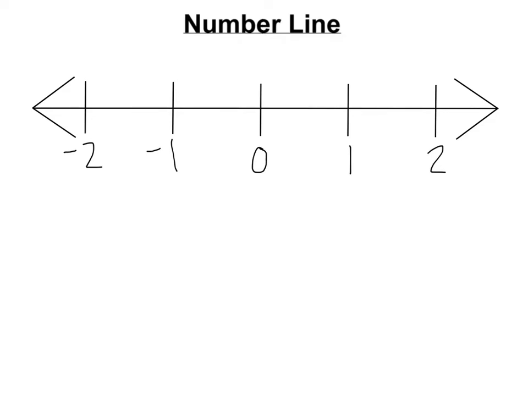This time we're going to do it again, but instead of breaking everything into halves, let's break it into thirds. So we're going to need 2 tick marks as evenly spaced between 0 and 1 as possible. So it's been split into 3 sections, so each of these is going to be a third.